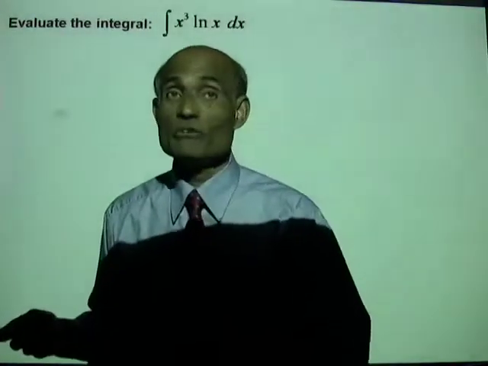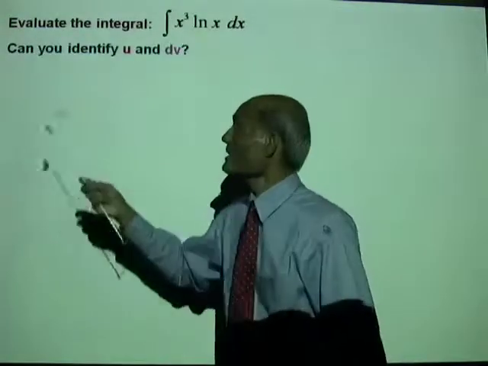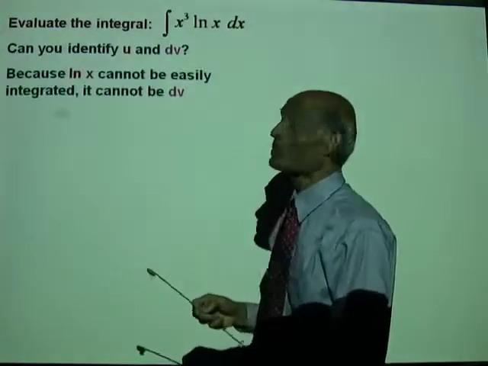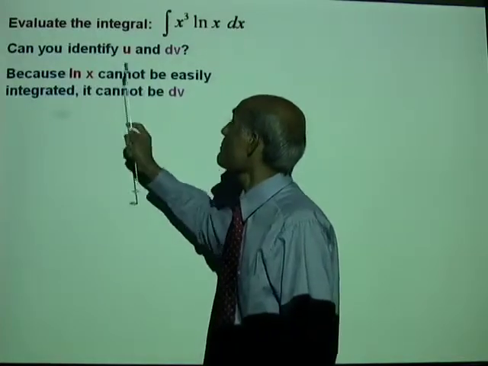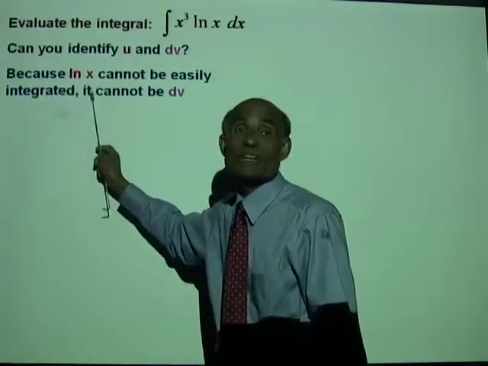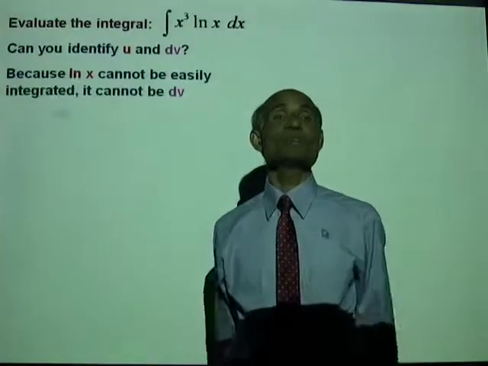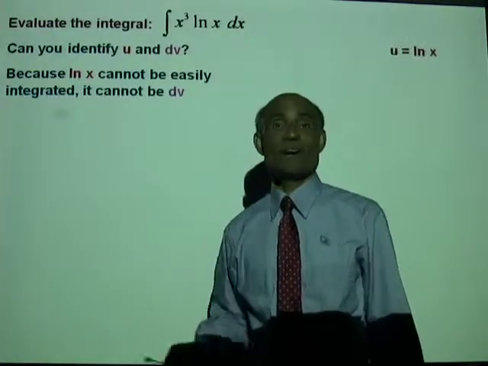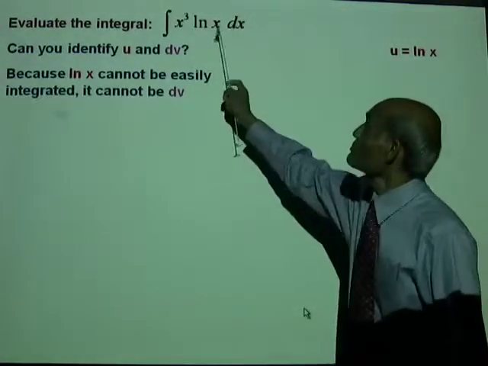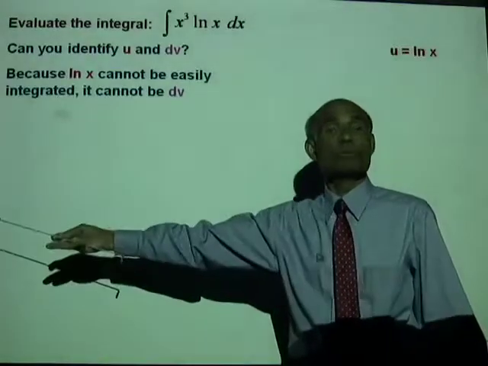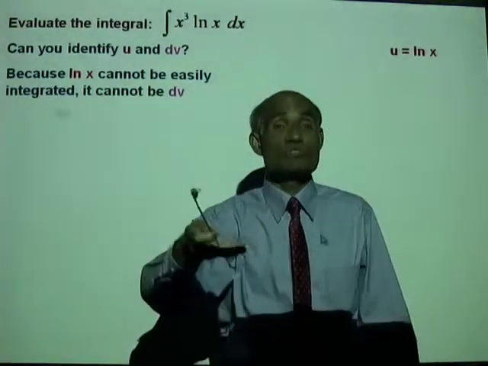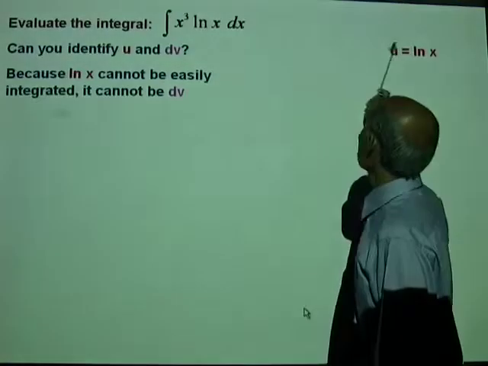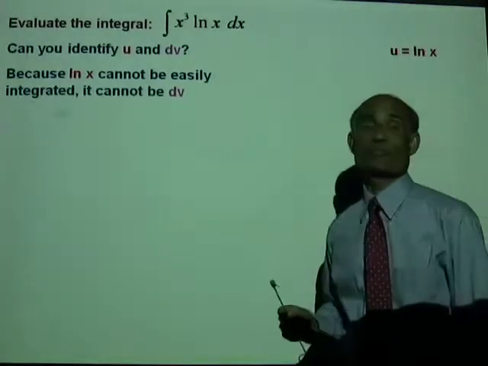And so, in this case, we need to change. How do we identify our u and v? Because ln x cannot be easily integrated, it cannot be your dv. And therefore, you need to choose ln x as your u. If it cannot be your dv, then it has to be your u, is that right? So we choose u equal to ln x.